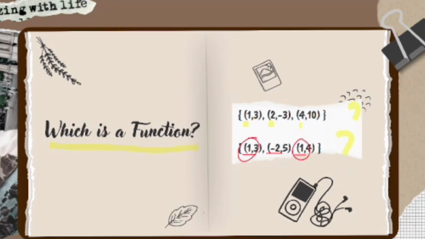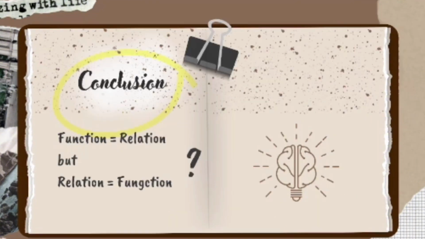From the definition we know this is a relation, not a function, because not each input x has only one output y. The first one is a function because each input x has only one output. So the conclusion of our learning today is that a function is a relation, but a relation is not a function.